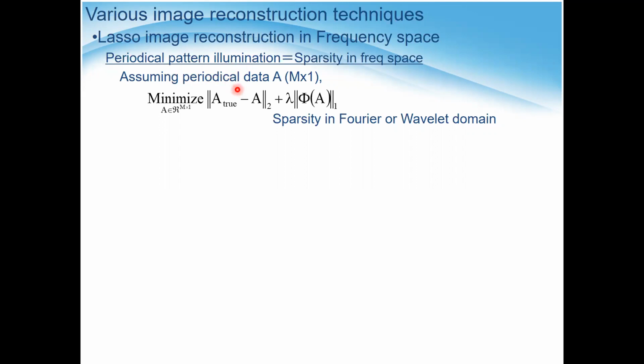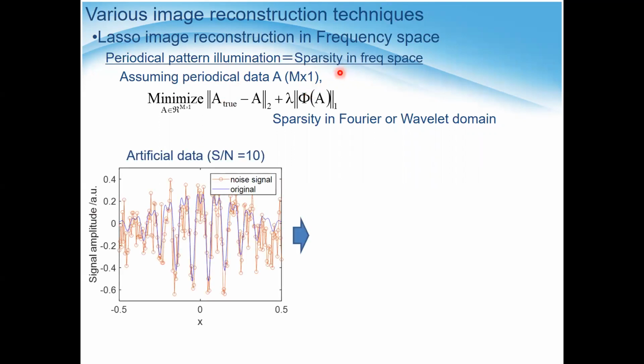Because we utilize a stripe pattern of illumination, in this image we have some oscillating pattern, meaning that in the frequency domain some specific frequency should be included in the image. So in the Fourier domain or wavelet domain, you have sparse or specific features that should be enhanced.